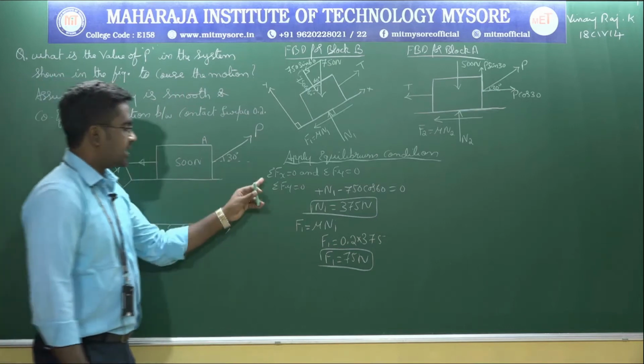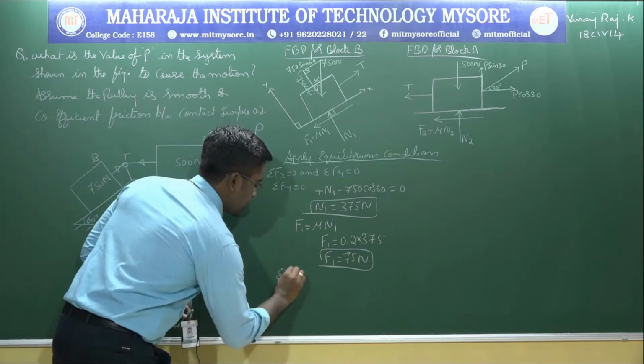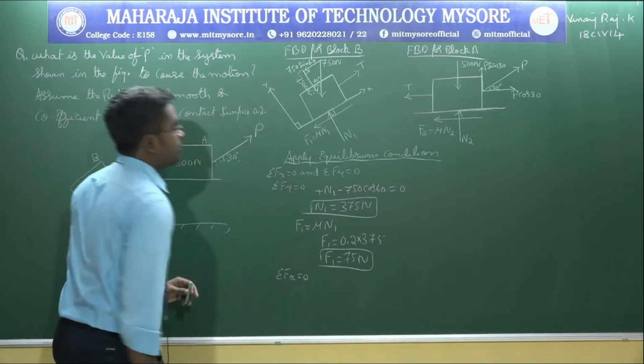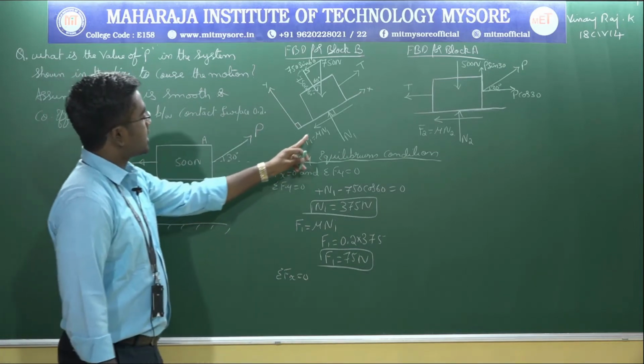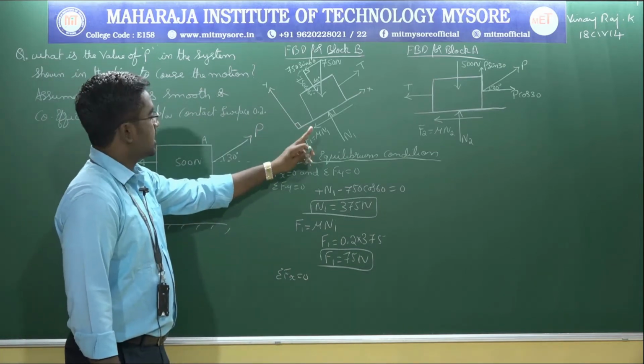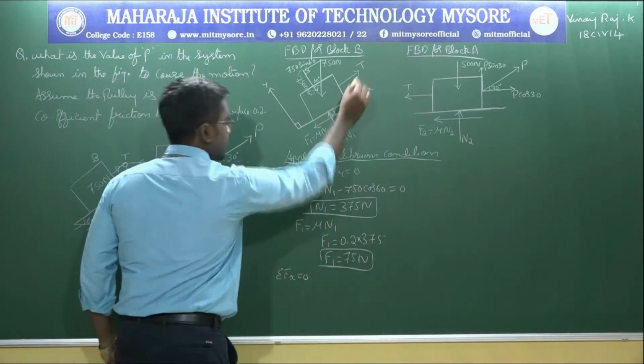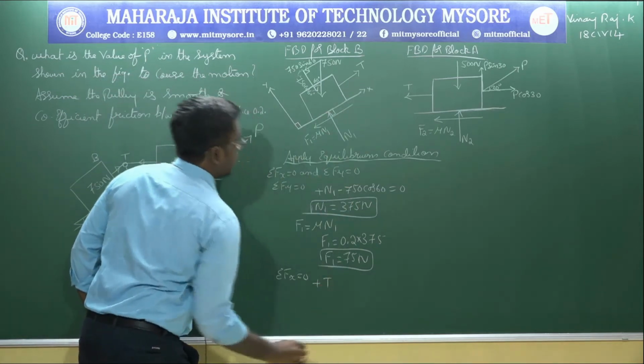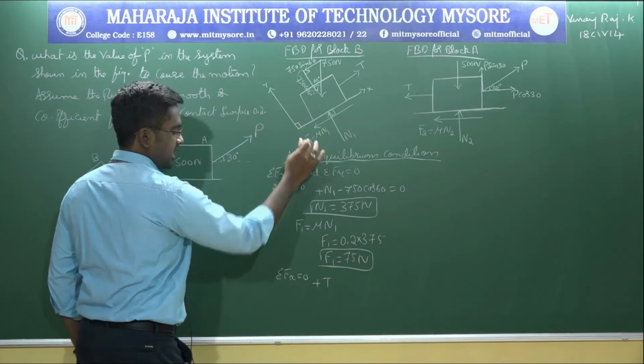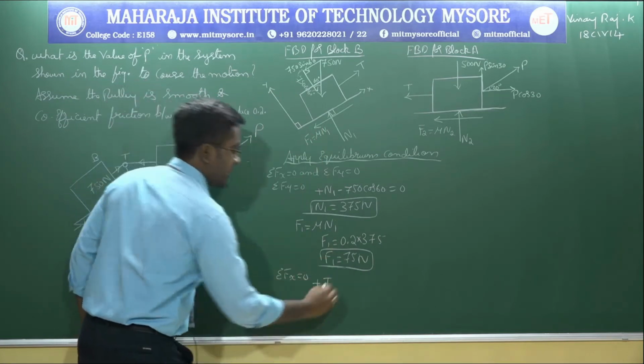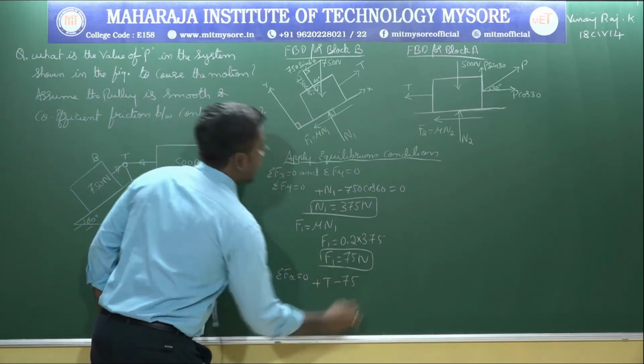Now I am going to apply one more condition, that is summation of Fx is equal to 0. In this there are three horizontal forces. One will be T, that is positive, plus T. Then this is negative, that is F1, I know the value, that is minus 75.